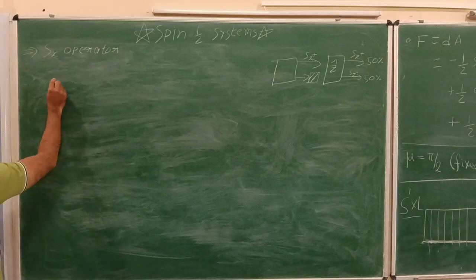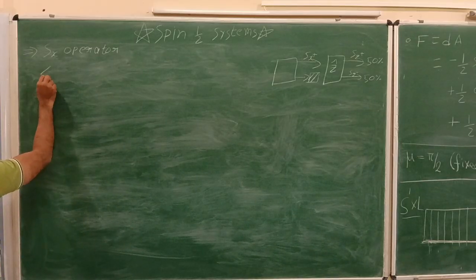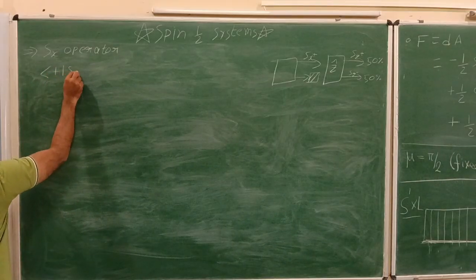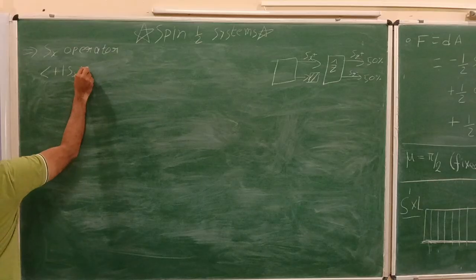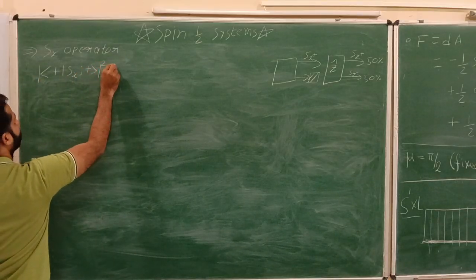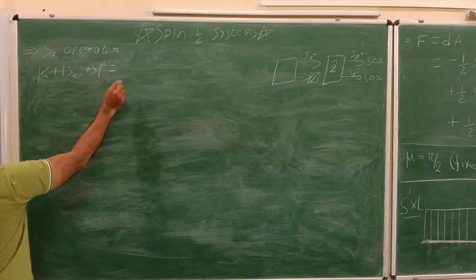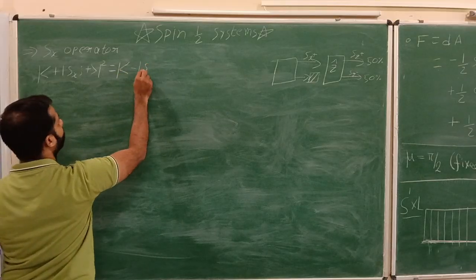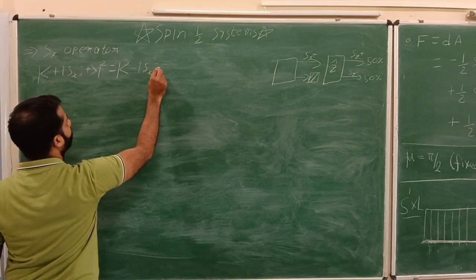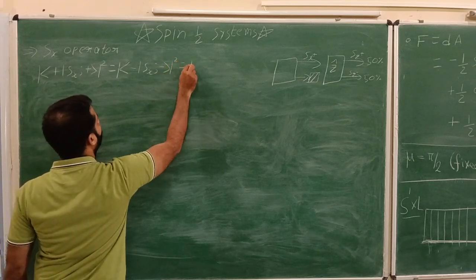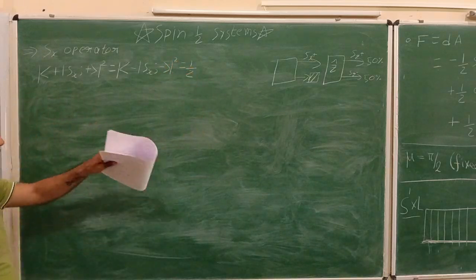So we know that the overlap of states gives the probability. This is half, 50%.